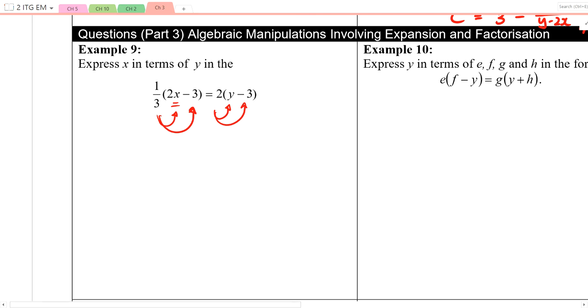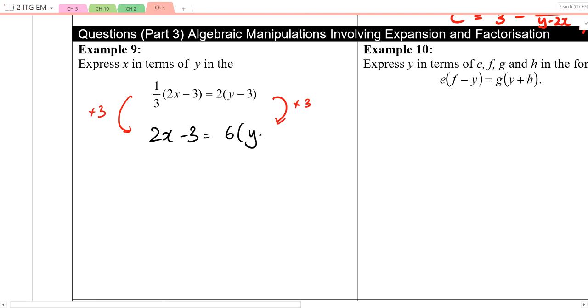Alternatively, we can choose to multiply everything by 3. The reason is because I want to get rid of the 1/3. So this leaves me with 2x minus 3 equals 6y minus 3.